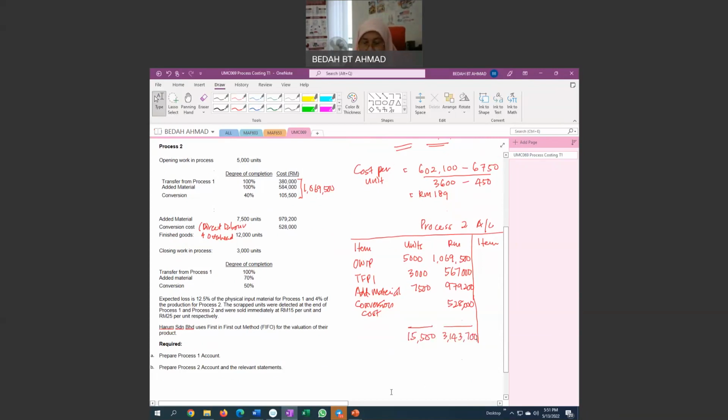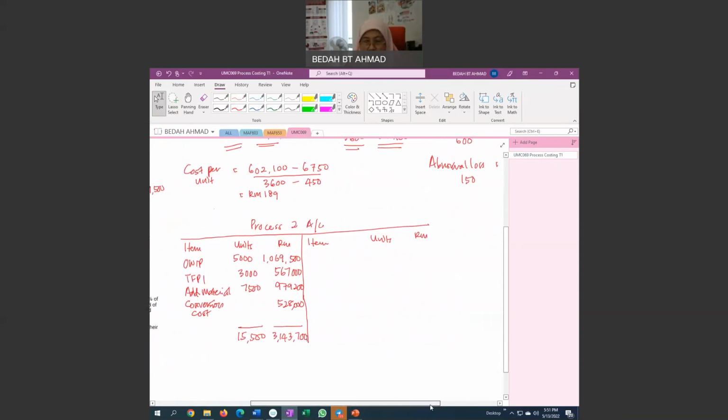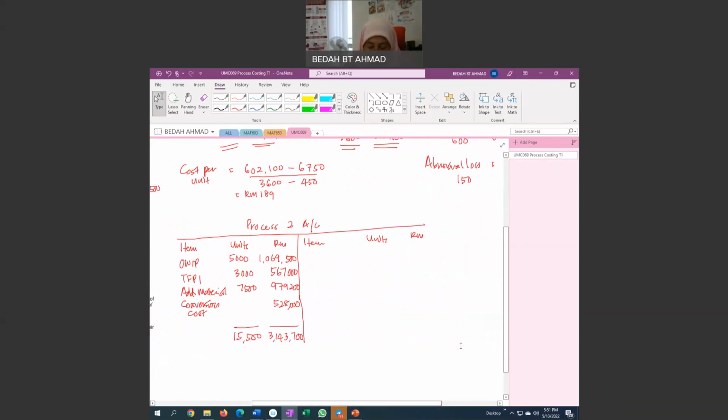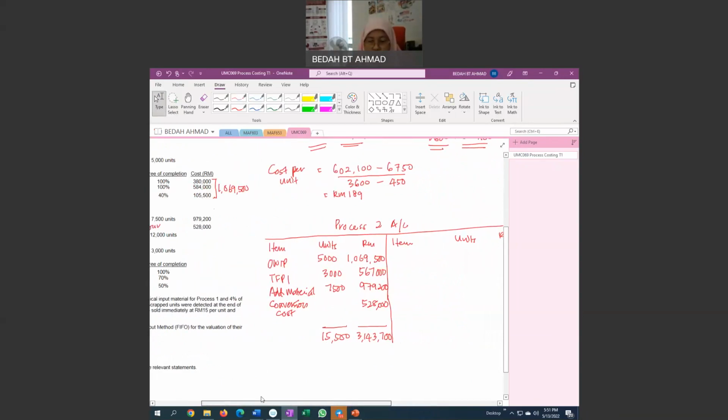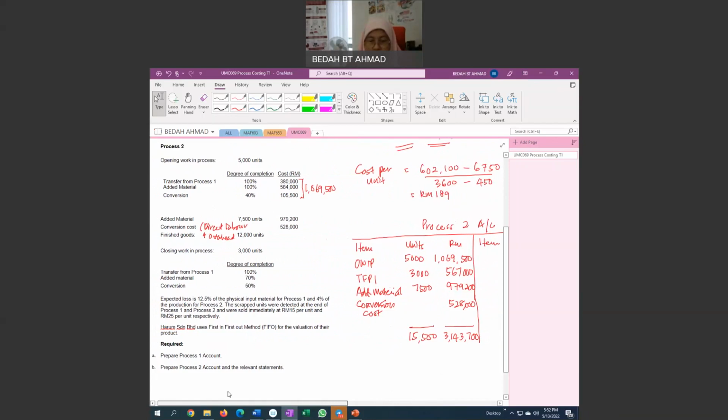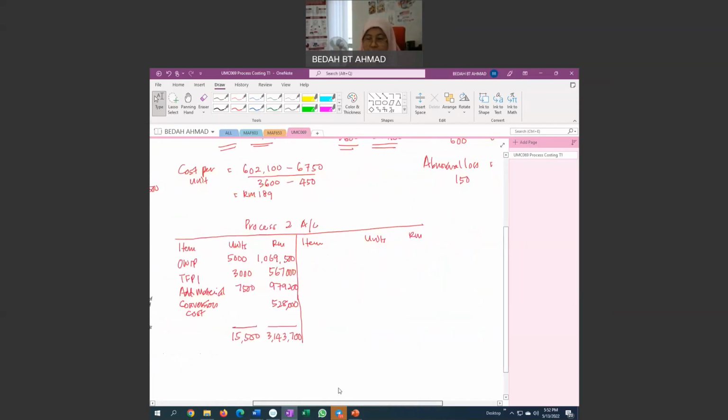This total we cannot balance with the credit side of the process 2 account, because you need to calculate the normal loss, the finished goods, and the closing work in progress. This process involves only 2 processes, so in the process 2 account, we may close the account and regard that as finished goods.